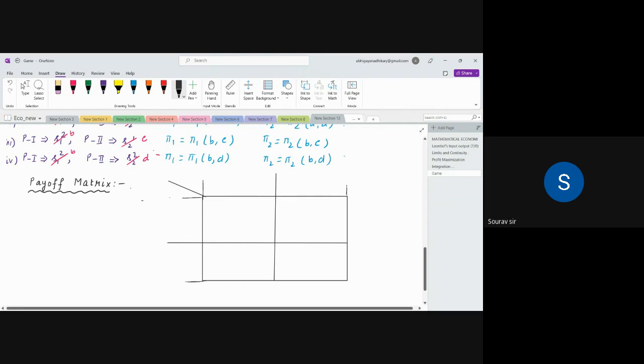Let's say I write the strategies of player one row wise and the strategies of player two column wise. So I'm taking player one as my row player and player two as my column player. This is very standard. You can switch it also; that will not matter. So just take note of this as well. Player one is my row player and player two is my column player.